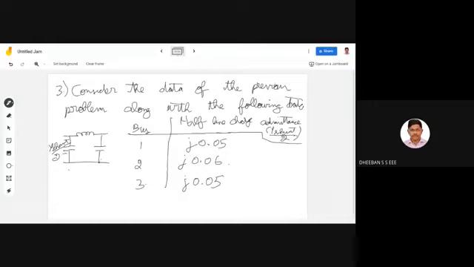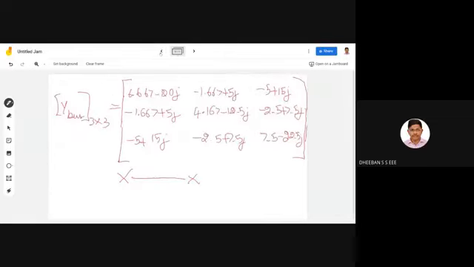So the value of the diagonal elements of the bus matrix alone changes, in case they are giving the y shunt by 2 value.